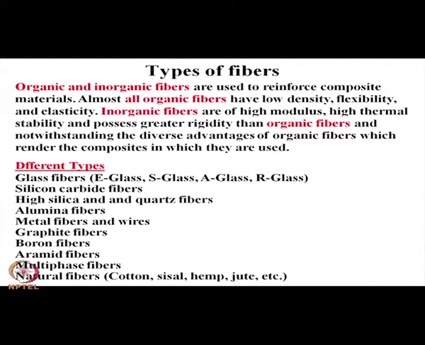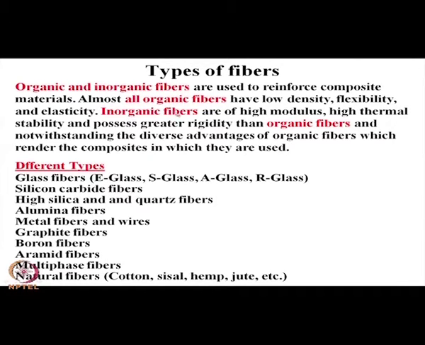Now, let us look into the different types of fibers which will be suitable for making such composites. Organic and inorganic fibers are used to reinforce composite materials. Almost all organic fibers have low density, good flexibility and elasticity.